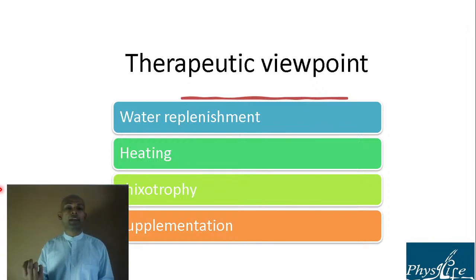On the other hand, if you take away mechanical energy to the semi-solid structure, it will become more solid. How does it make sense as a physiotherapist? Number one, if you want to prevent injury before a physical activity, give mechanical energy. That means warm up before function will increase the stretchability, will prevent injury.